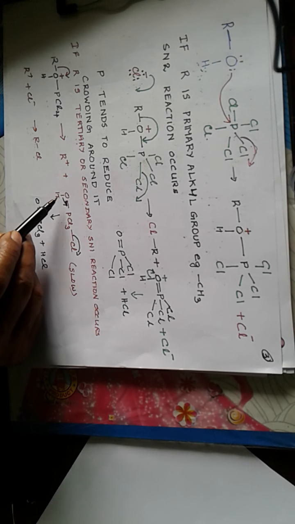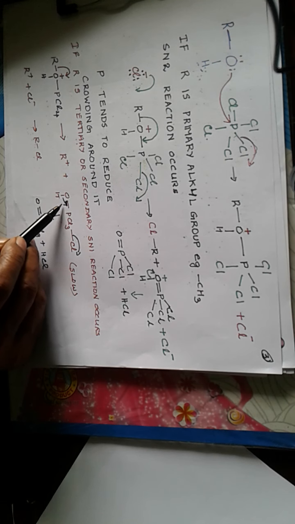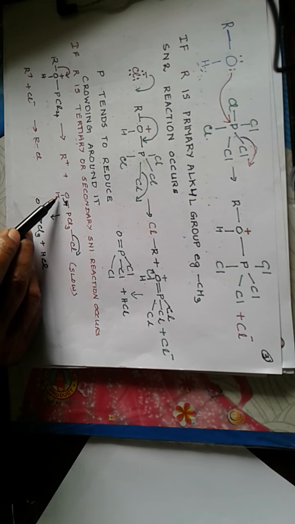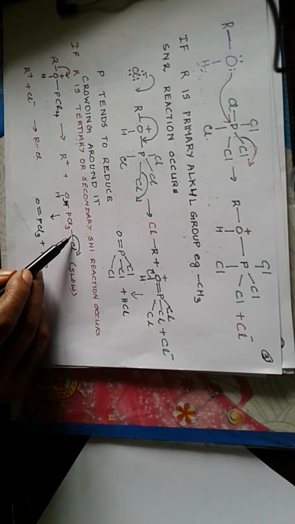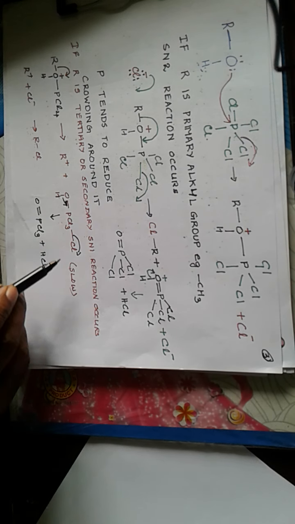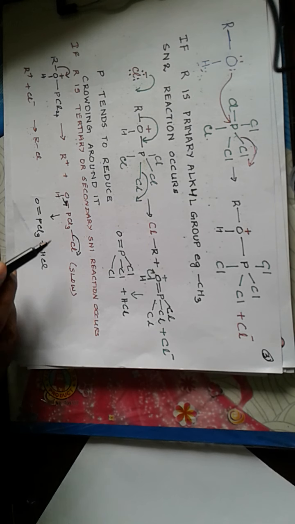Then the OH bond will be shifting in this direction, giving a double bond between P and O, and here H positive is released, and a Cl negative is removed from this part, and that is a slow process.